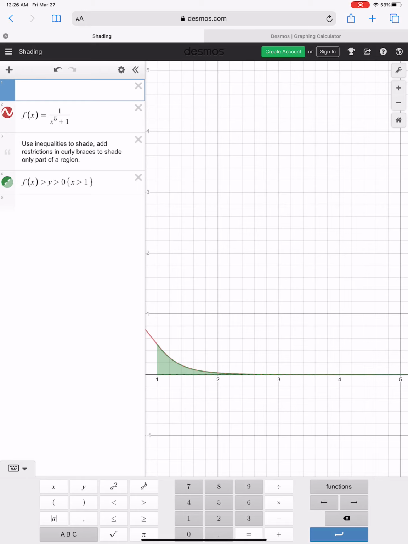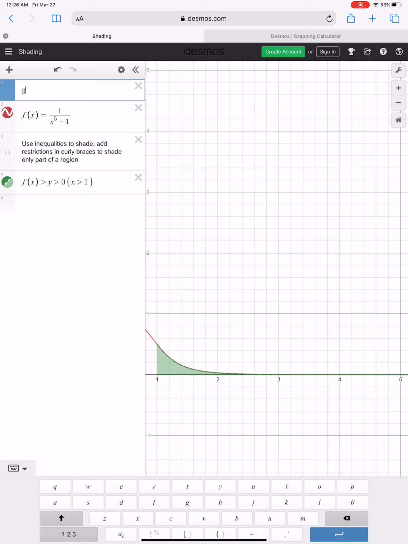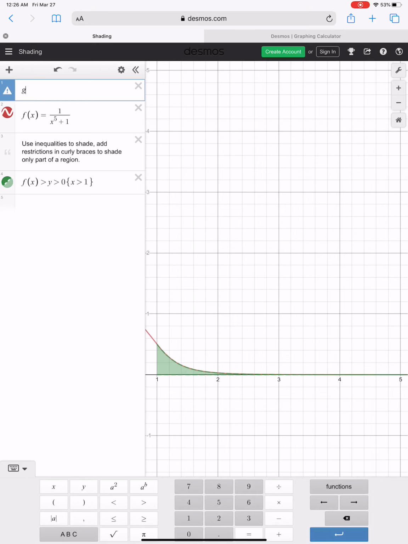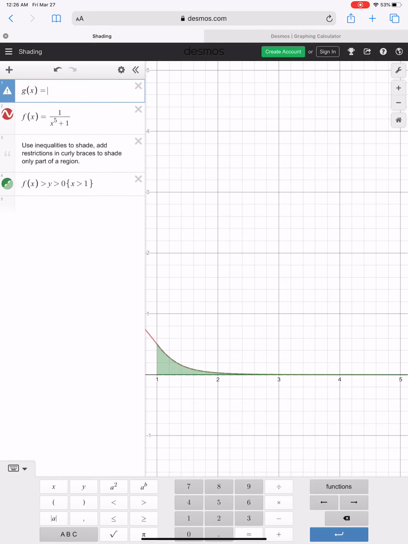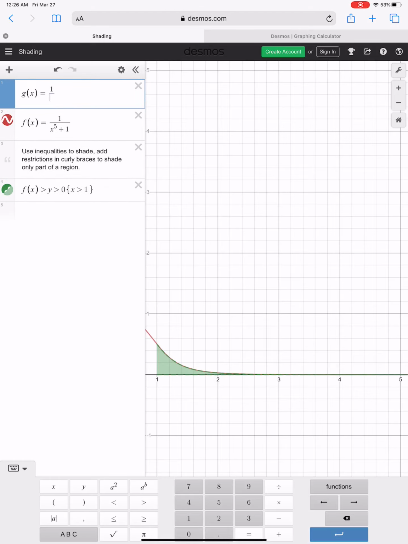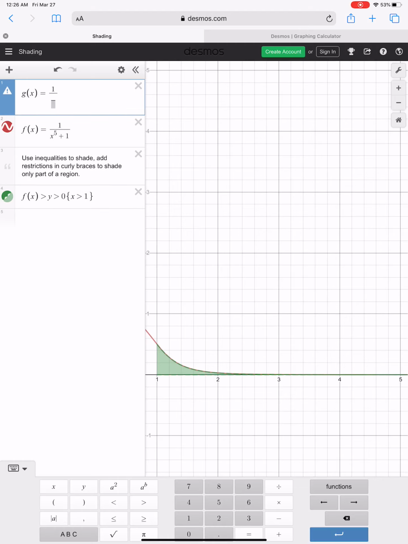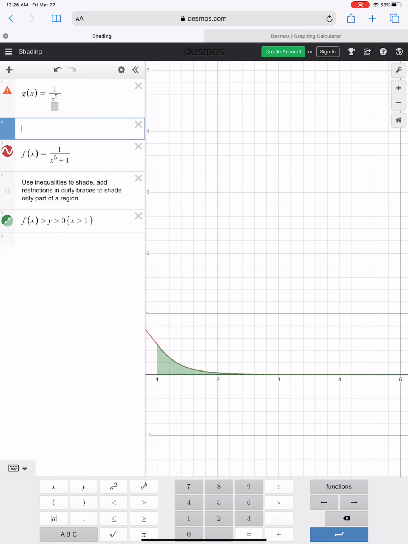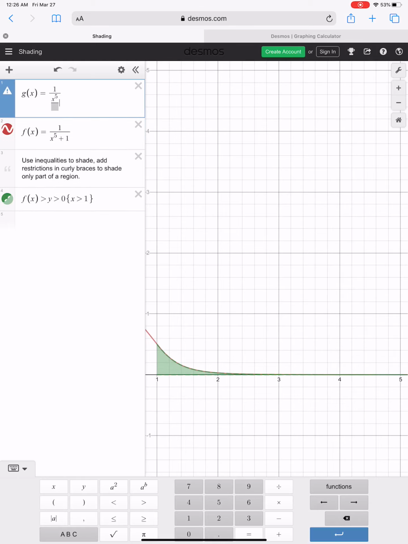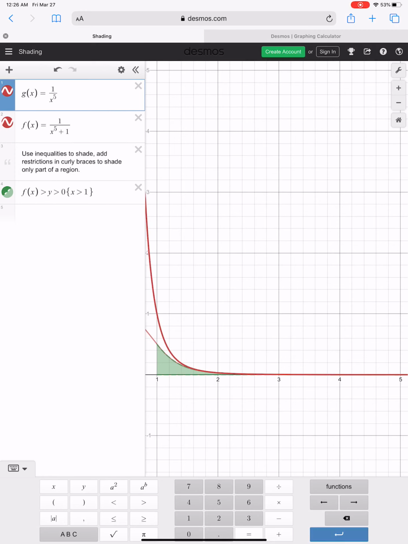So we'll just plot the function g of x equals 1 over x to the fifth.